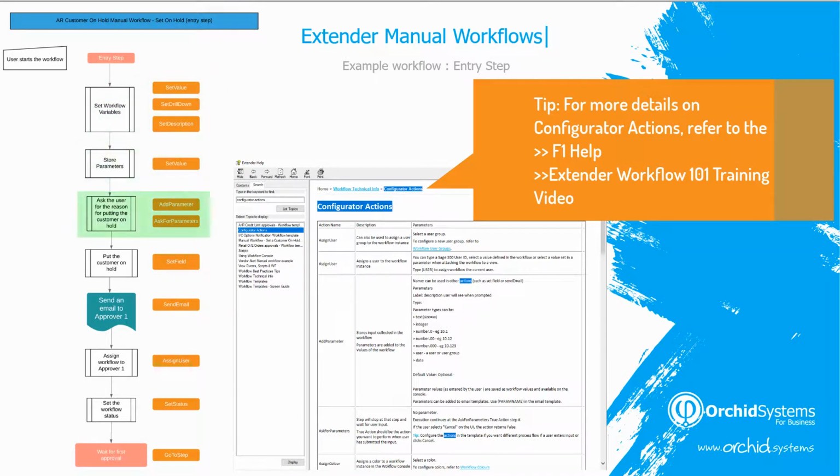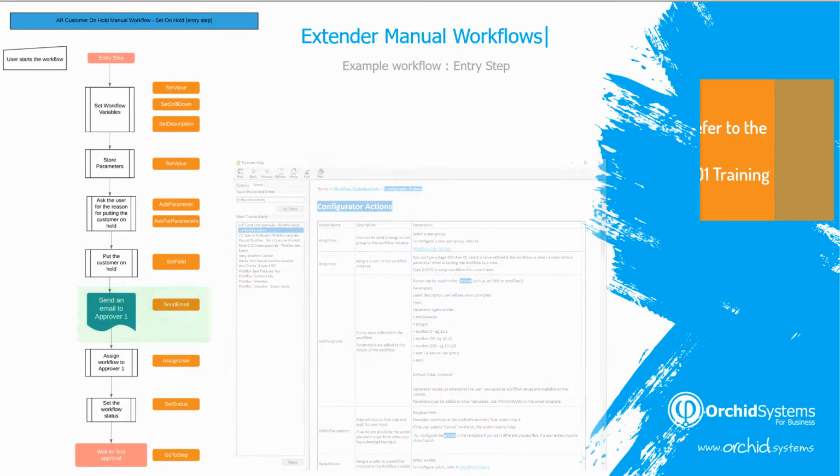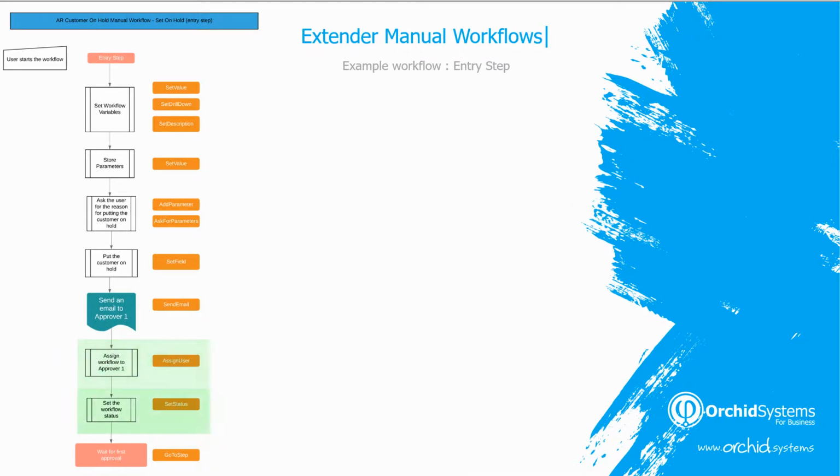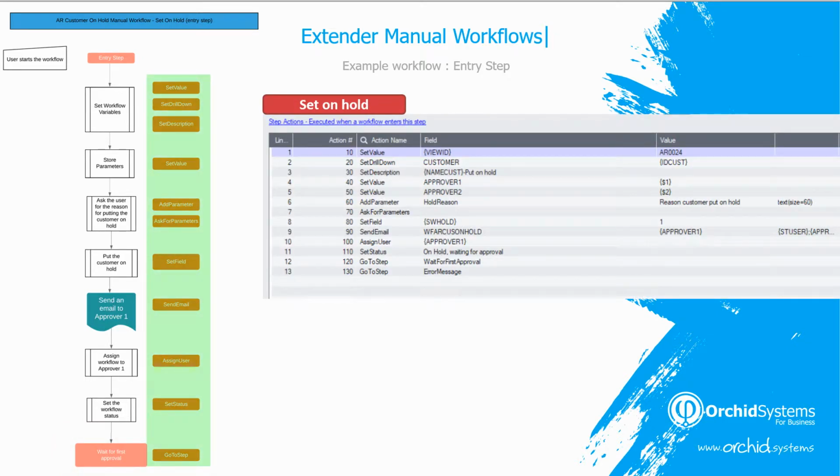We're going to prompt the user for the reason: why do you want to put the customer on hold? Put the customer on hold. Send an email to the approver 1. Assign the workflow to approver 1 and set the workflow status. And then go to step wait for first approval. And these orange boxes indicate the individual actions.